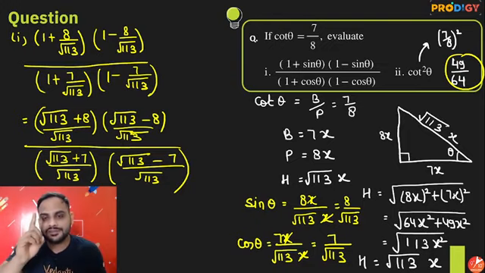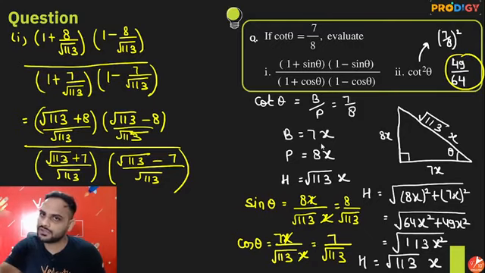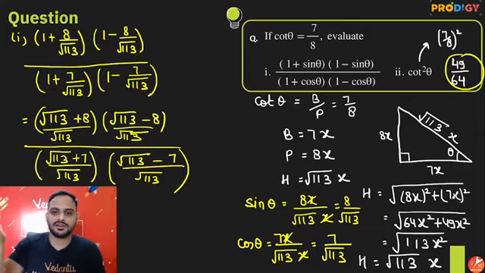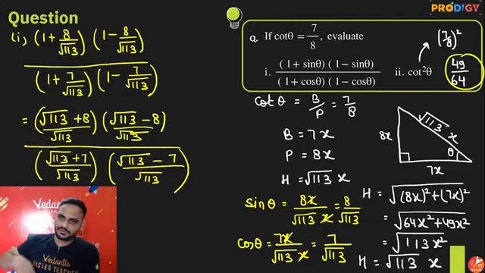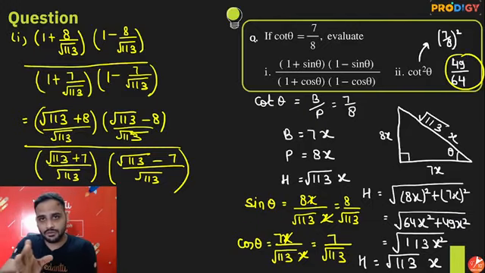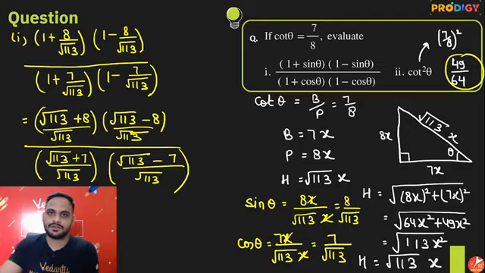If you know any one trigonometric ratio, then you will get to know the value of two quantities, two sides in terms of x. Using Pythagoras theorem, you can easily find out the third quantity as well. And once you know all the three sides in terms of x, you can find out any trigonometric ratio, because at the end x will get cancelled. So any trigonometric ratio if I give you, you can easily find out all others.